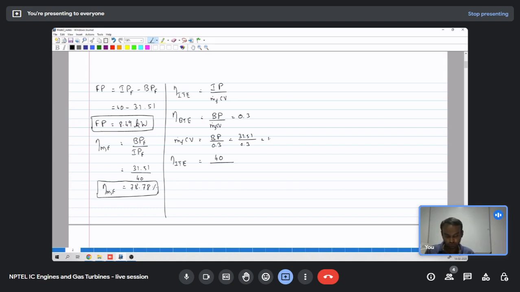So we have 105.03. So this is the fuel power. Now substituting the fuel power here, we can calculate the indicated thermal efficiency. So that is 38.1%.